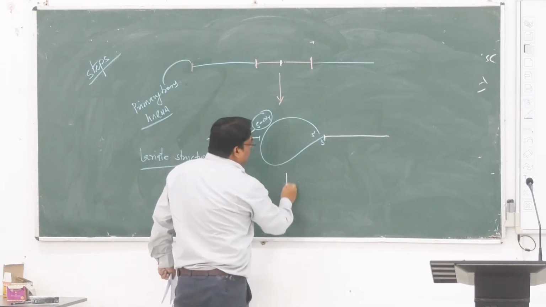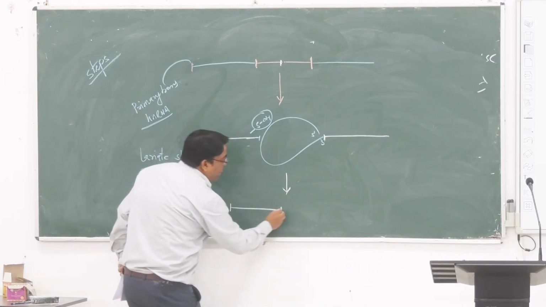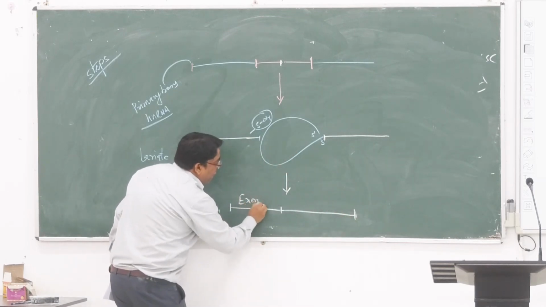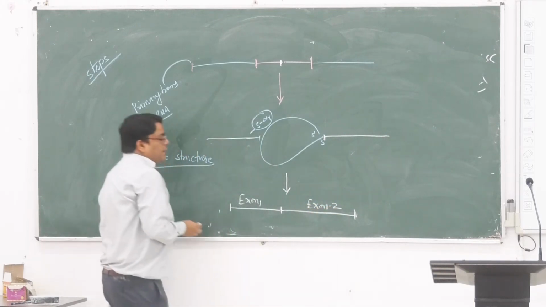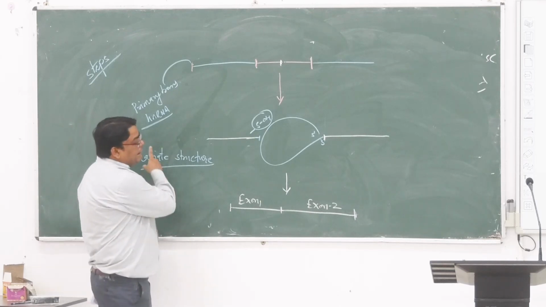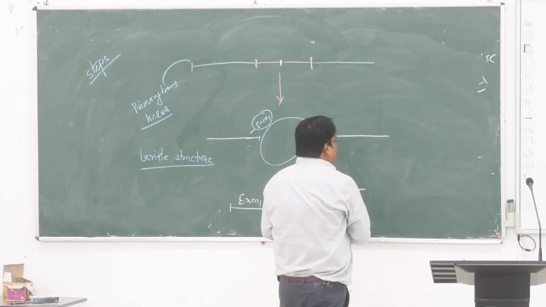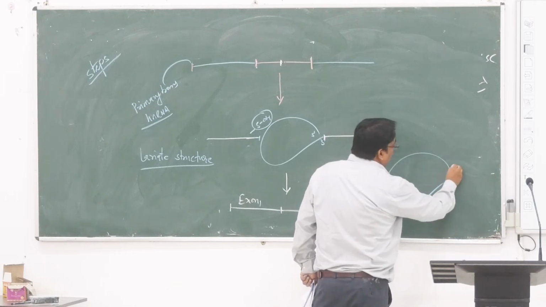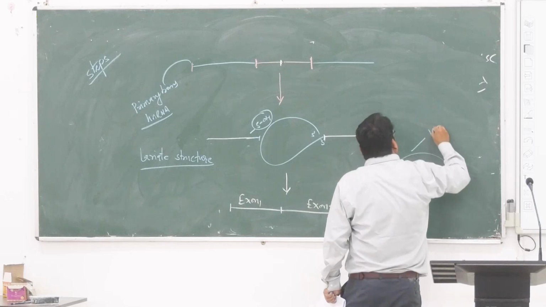Then the lariat is removed and exon 1 and exon 2 are joined together. It is called self-mediated splicing, with removal of this lariat structure of introns.